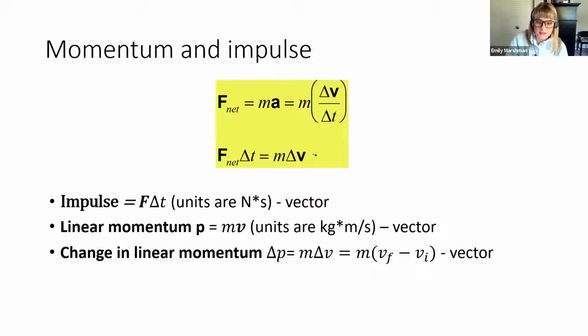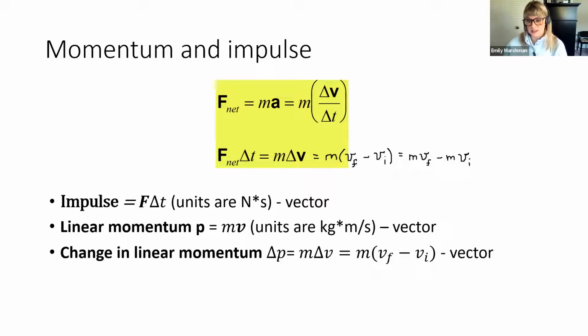I can rewrite this. Remember, this delta sign means change, and change in velocity is always the final velocity minus the initial velocity. So mass times the final velocity, that's going to be my final momentum.